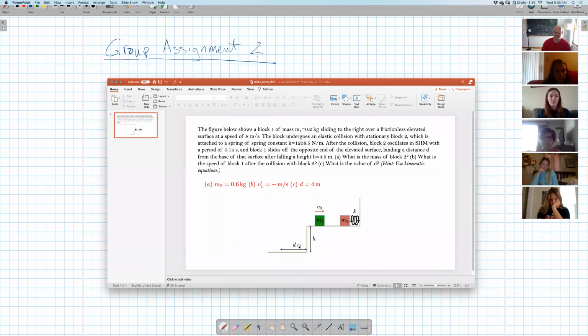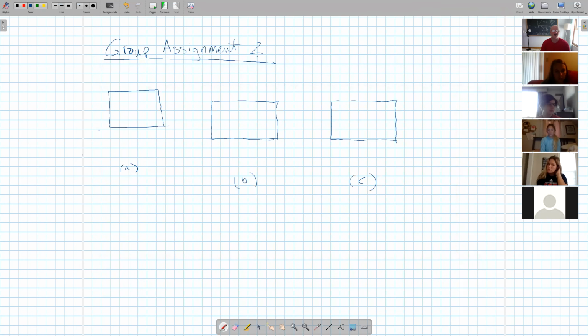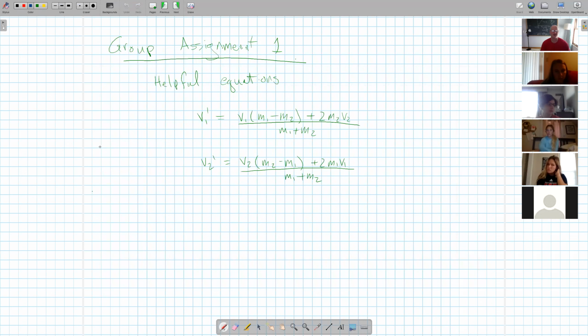So what is that distance D that it ends up going after it has fallen down? The point of this is to think about how the harmonic oscillation comes into account, and, for those who haven't seen Physics 1 in a little while, to start thinking about conservation of momentum, projectile motion, and kinematic equations, all those wonderful things that will show up during this class.